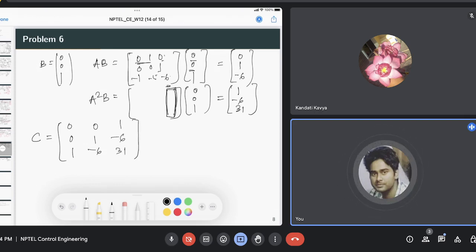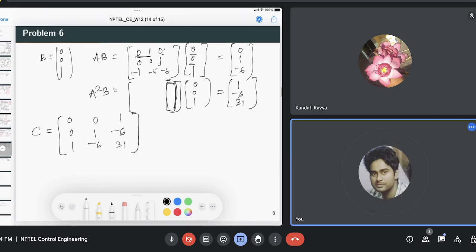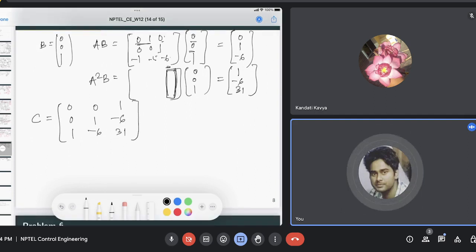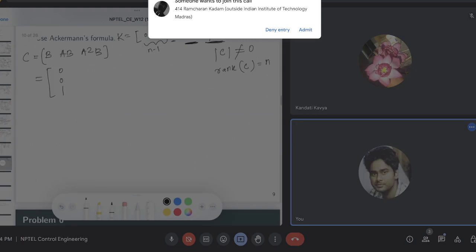This computation will be a little bit lengthy, because you also have to compute C inverse. I'm just writing it; you can verify using a calculator or MATLAB. So this is the C inverse.